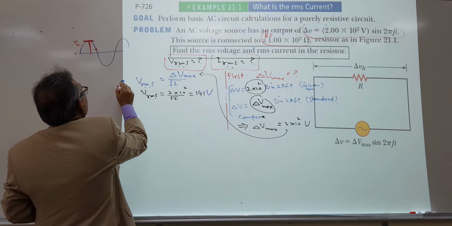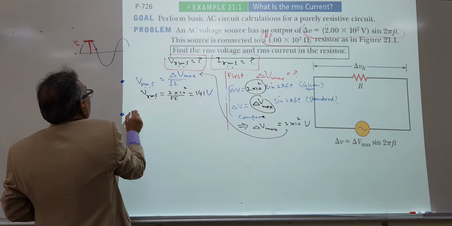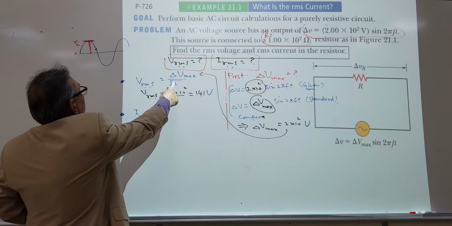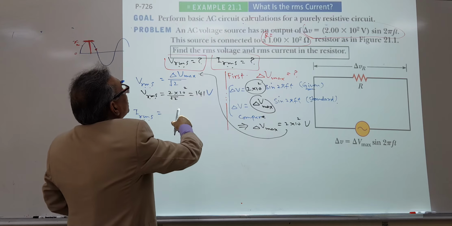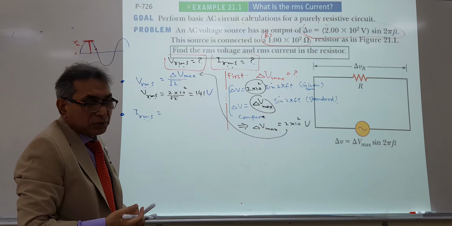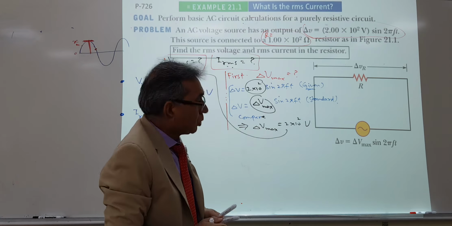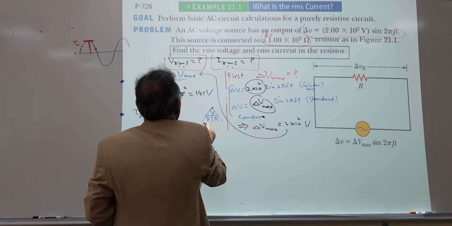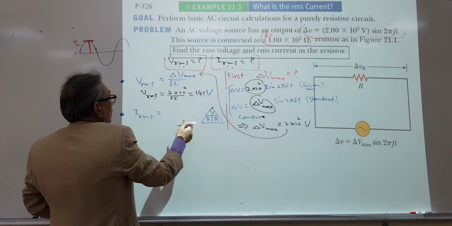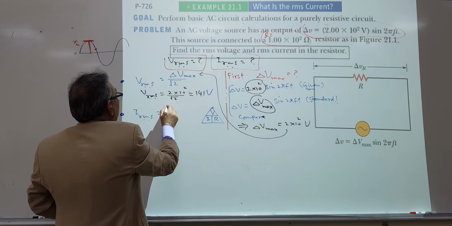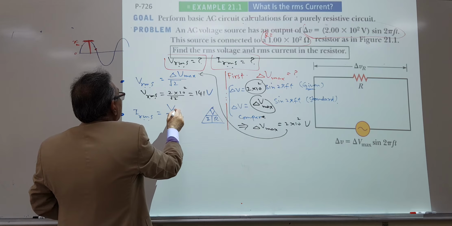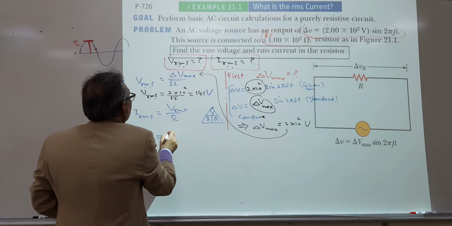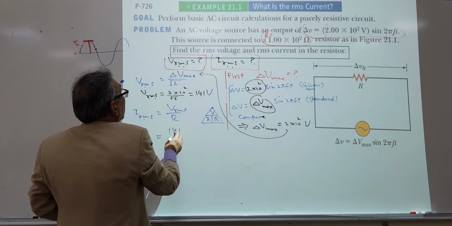Right? Now I RMS I need. This is done. I don't have I max, so what I do, I use Ohm's law, which says V is equal to I multiplied by R, and I will be equal to V over R. So V RMS over R. V RMS we just finished, and R is given to you.